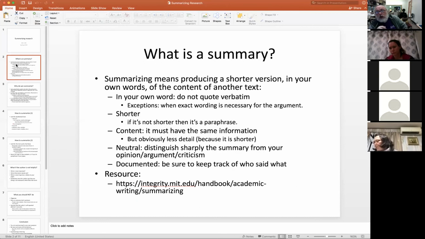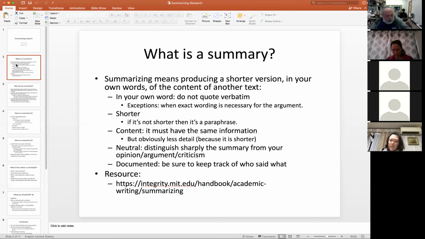Like, for example, when you're going to disagree with the author. When you want to say the author is so wrong that they say X, then you need to have X, because otherwise people will say, well, you're not representing accurately what the author was saying.